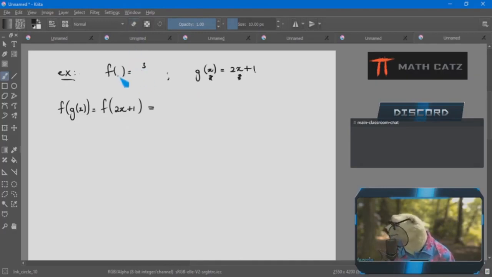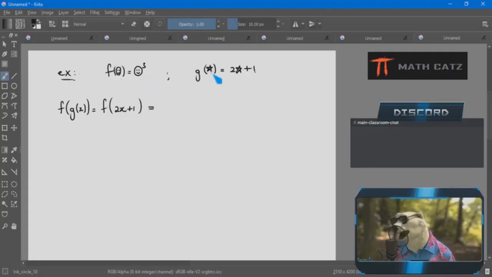I could have called it smiley face. And it takes smiley face and it calculates smiley face cubed. I could have used a completely other symbol. What shall we use? Maybe a star. And then it takes star, multiplies by 2, and adds 1.